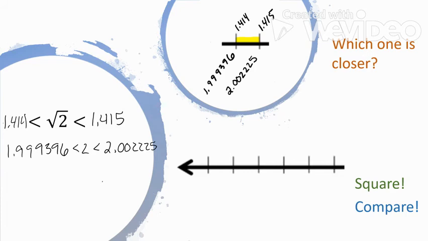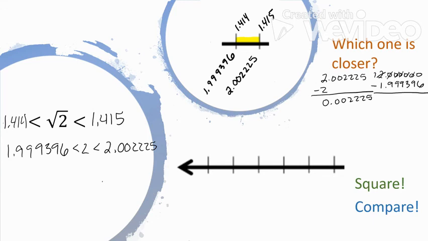Let's subtract. Looking at this, we can tell that 1.999396 is closer to 2. So we're going to be closer to 1.414. So we're going to look at all the values between 1.414 and the halfway mark.